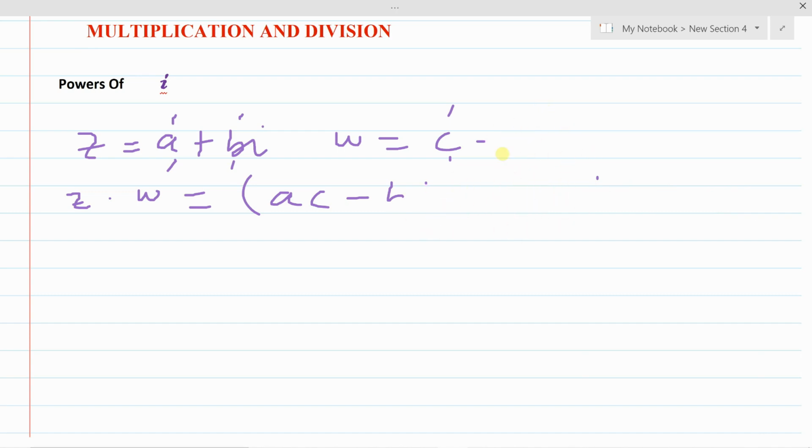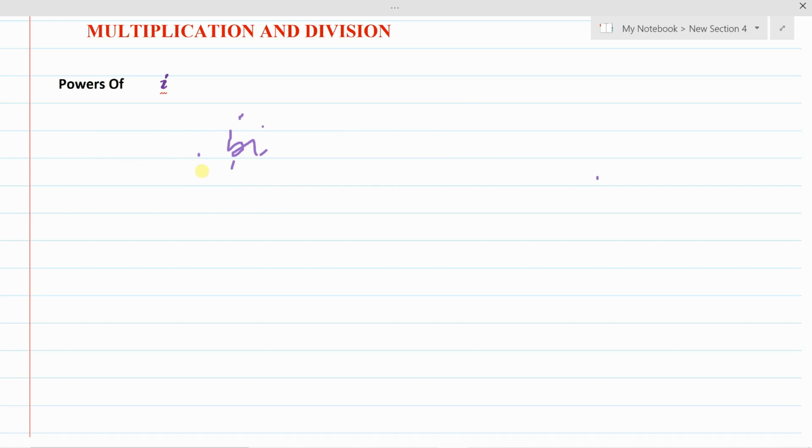Let's try to do the division of complex numbers. How do you divide complex numbers?